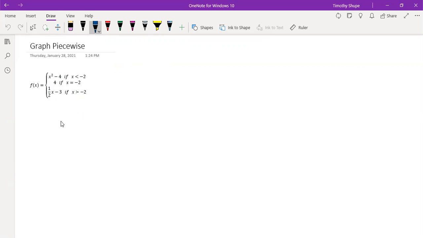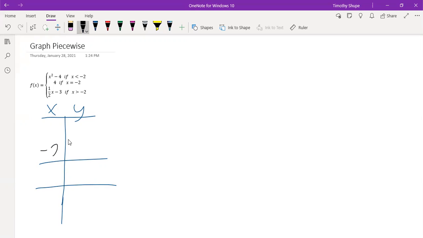So to help us out here, I'm going to create a table of x's and y's so that we can keep track of the different points on this graph. I'm going to split this up into three different sections to represent the three different functions. For the first one, I'm going to substitute in a -2 so that I know where x squared minus 4 ends.